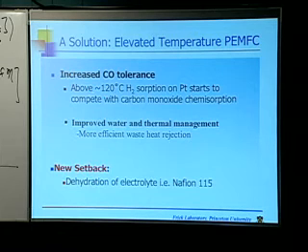And also, obviously, if you're running your cell at 120 to 150 degrees, your thermal management is automatically taken care of, because now you have a nice thermal gradient between room temperature and your cell, so you can dump your heat very nicely. And finally, it turns out that your water management is helped, because you can set your cell up. If you're going to run this way, you have to run under pressure, right? There's not a lot of liquid water around at 120 degrees C. So you're going to pressurize your cell a little bit.